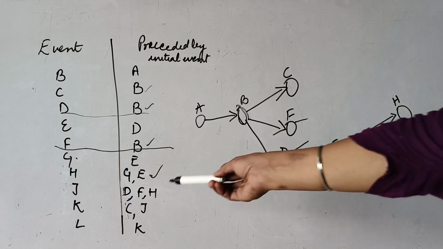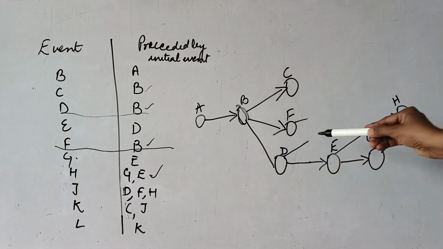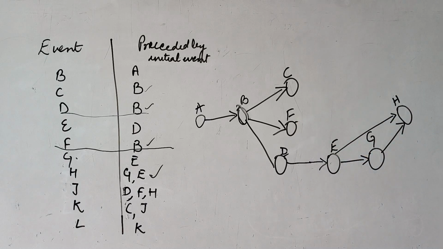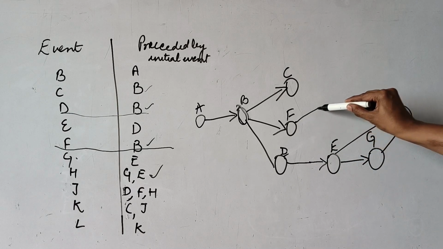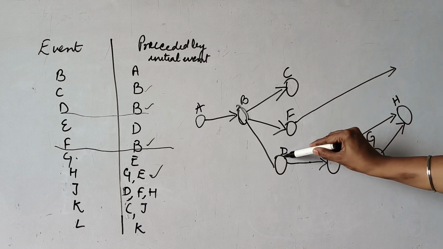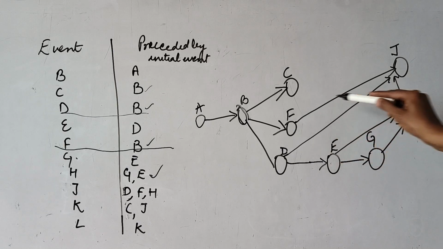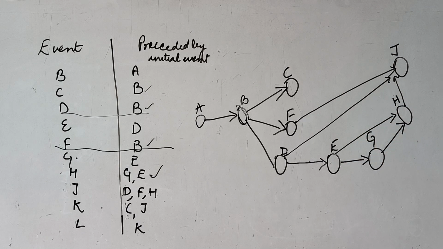After E and G, we need D, F, H. This is our D, this is our F, and this is the H. So if we take it like that, F, D, and H can be merged at one place. And from here, whatever node is coming, we are naming it as J. 3 events, D, F, and H are merging at J. Now look at the next.